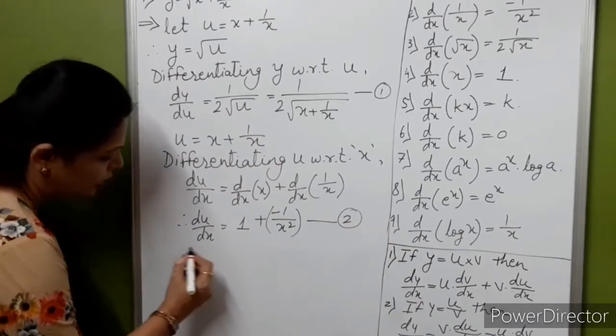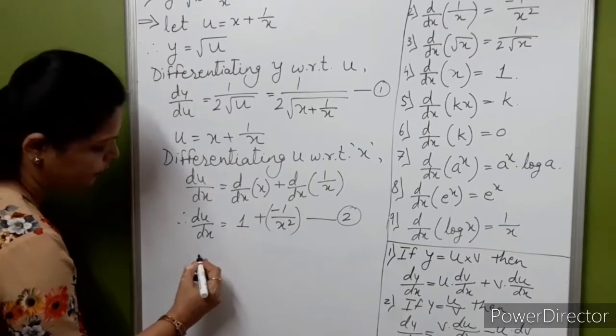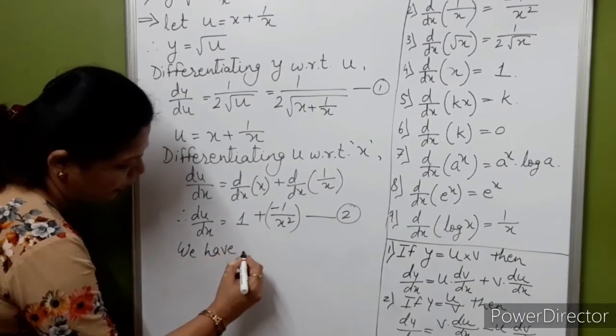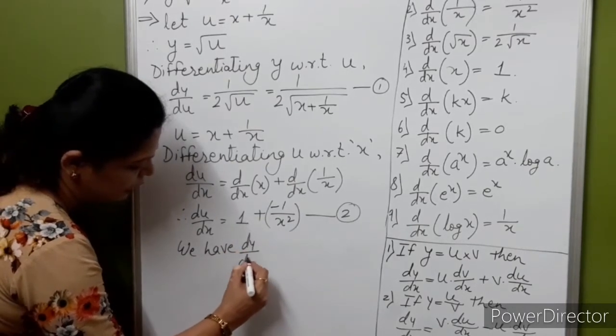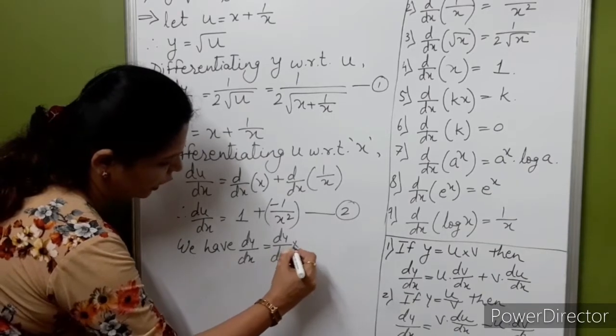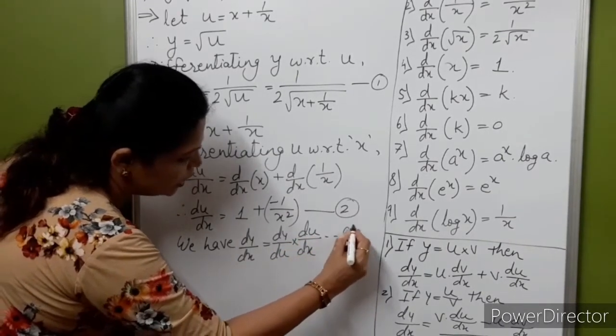So, now what will be dy by dx? We have dy by dx is equal to dy by du into du by dx. This is your chain rule.